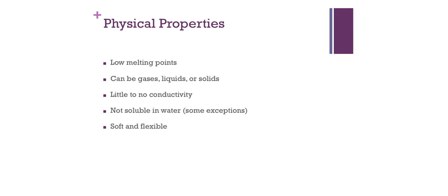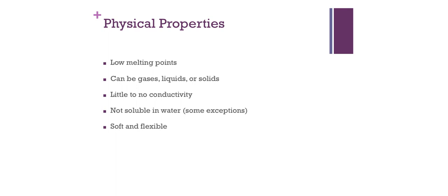And when we look at covalent compounds, those melting points are going to be anywhere from 50 degrees Fahrenheit to 200 degrees Fahrenheit. I know 200 degrees Fahrenheit is extremely hot to us, but when it comes to compounds, that's not very high when we relate that to ionic compounds.